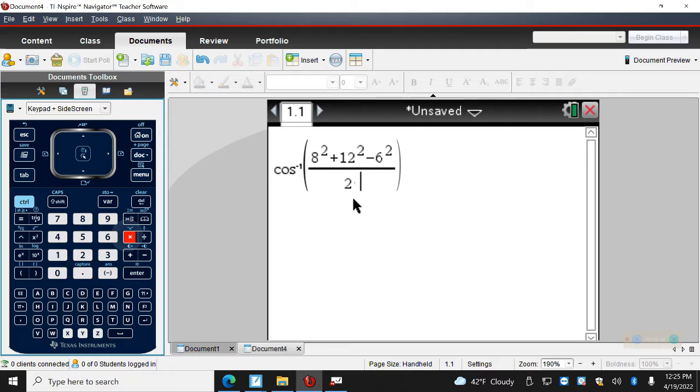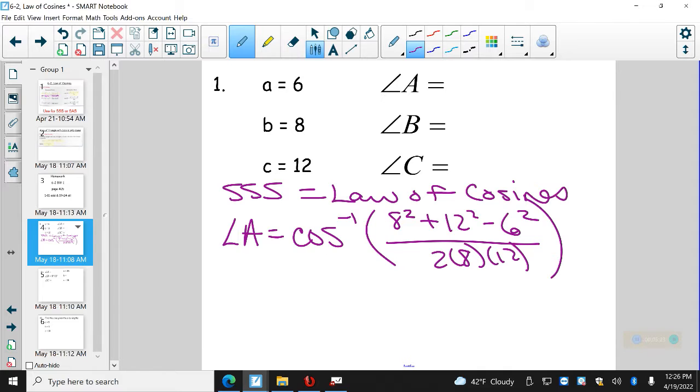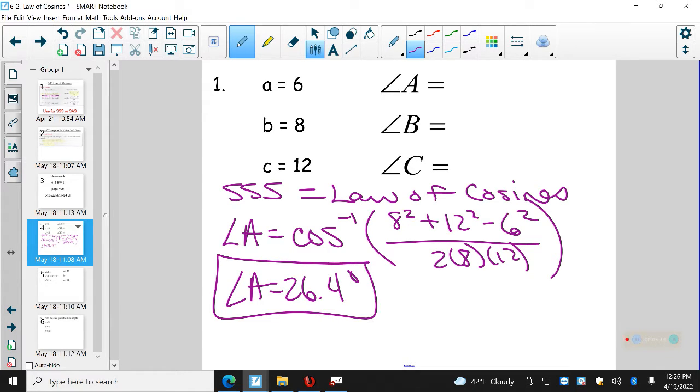Arrow down, 2 times 8 times 12. And that is going to give you 26.4. Okay, so I come back over here, and angle A is 26.4 degrees.